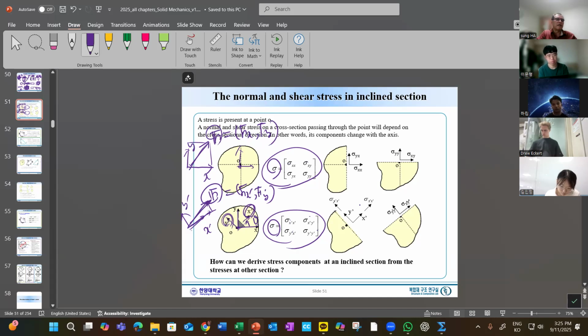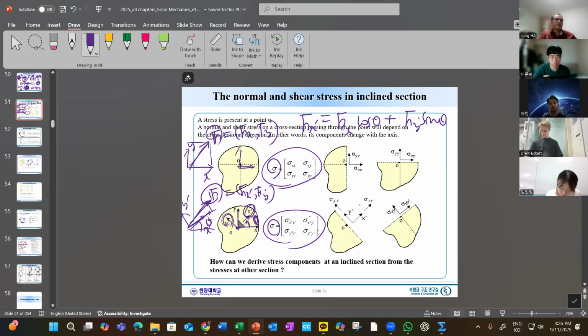Here, between X prime and X, there is an angle theta. The same here: between XY and X prime Y prime, we have angle theta. Now, I'm trying to get back to vectors because you already know this. Fx prime, you know how to calculate: Fx cosine theta plus Fy sine theta.